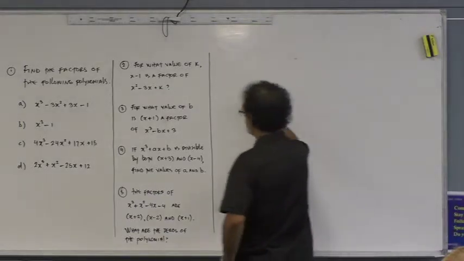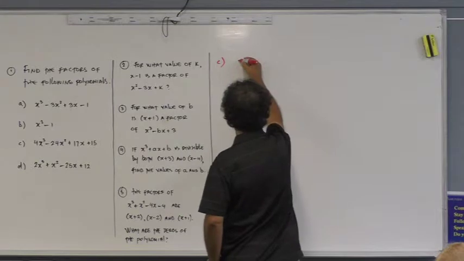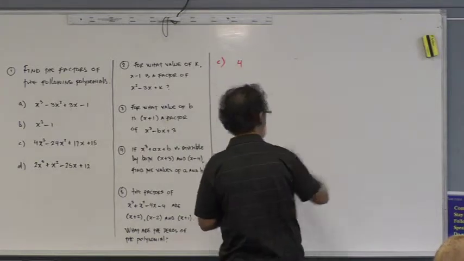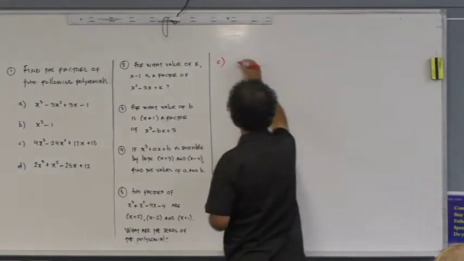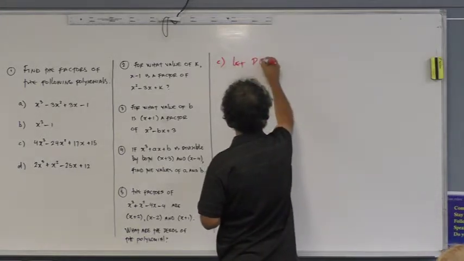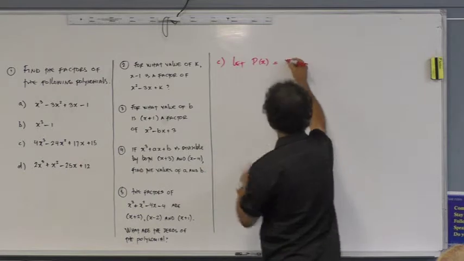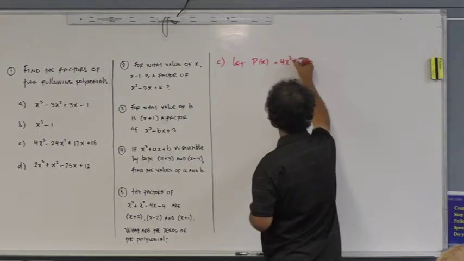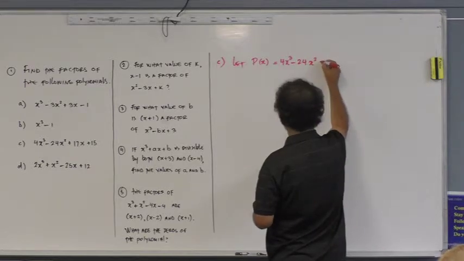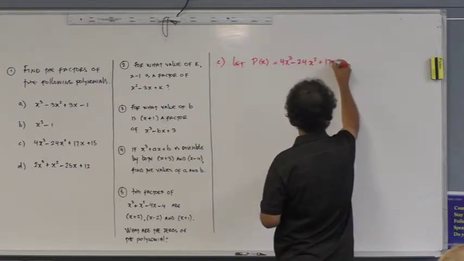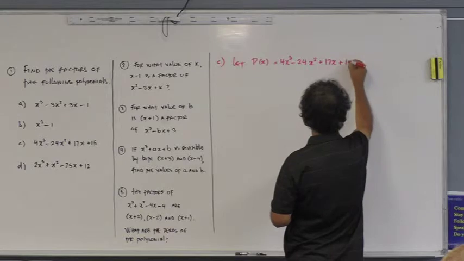Okay, question C. We have 4. I'm going to put the polynomial. So we're going to say let p of x equal to that. So it's 4x cubed minus 24x squared plus 17x plus 15.